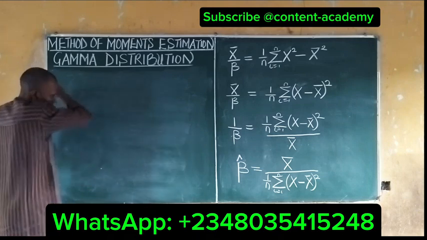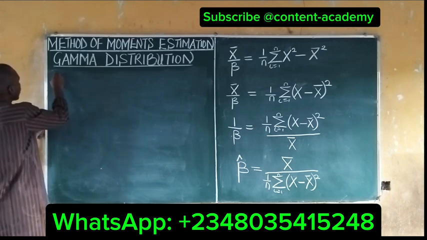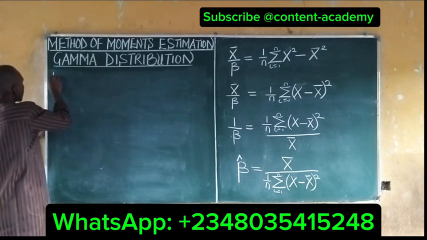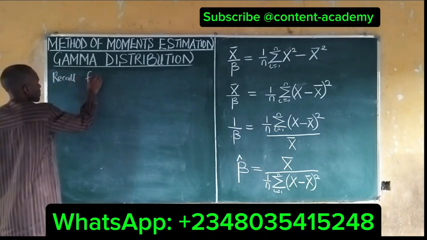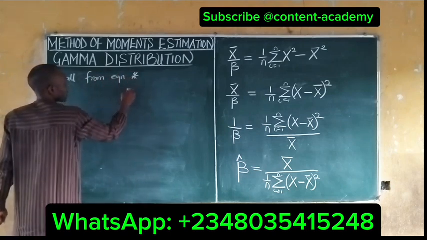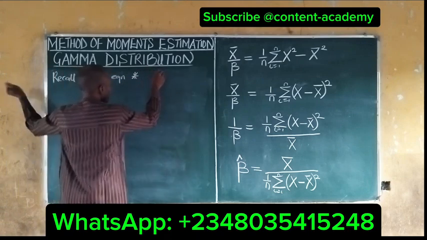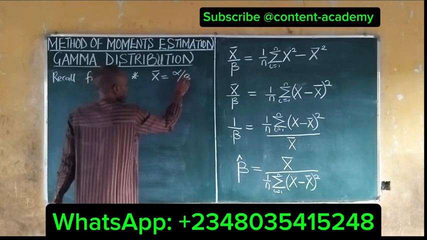So, of course, if we recall from equation star, like we said before, x bar is equal to alpha over beta.